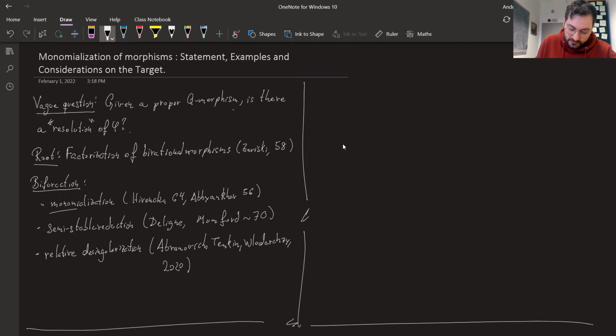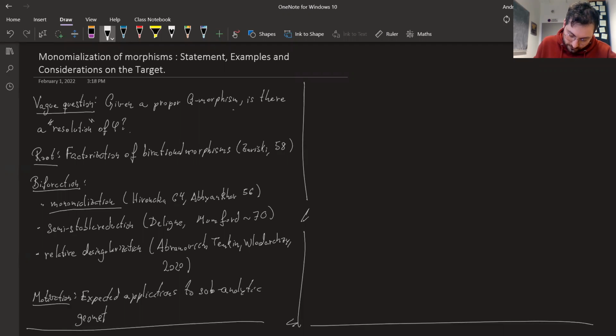But we're going to focus on the notion of monomization coming from Hironaka and Abhyankar, because there are expected applications, at the time for Hironaka to subanalytic geometry, for us to quasianalytic and else.